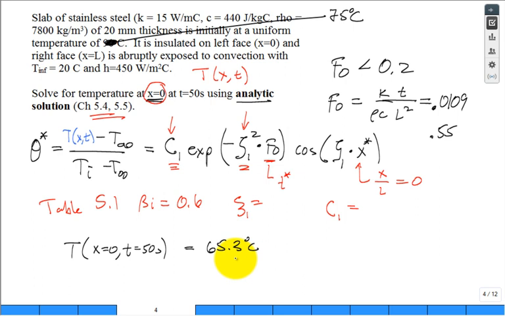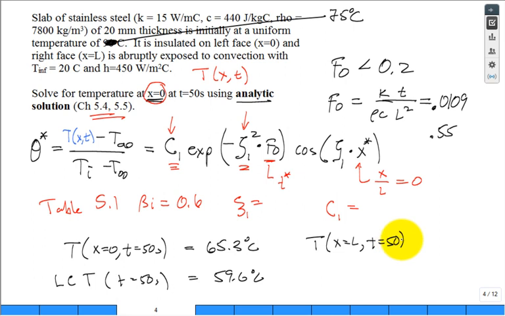All right. The lumped capacitance gave us temperature only at time equal to 50, and it was 59.6 degrees C. What do you think the temperature at x equal to L is, at t equal to 50? Let me do this. I think it's on the next page.